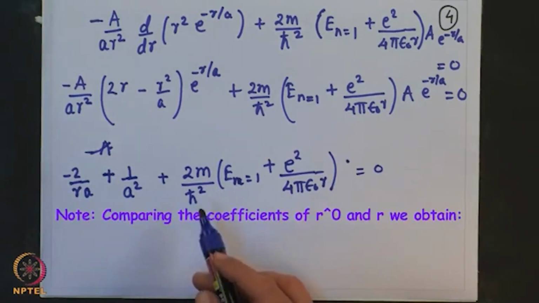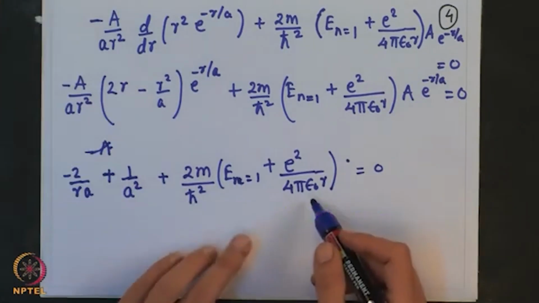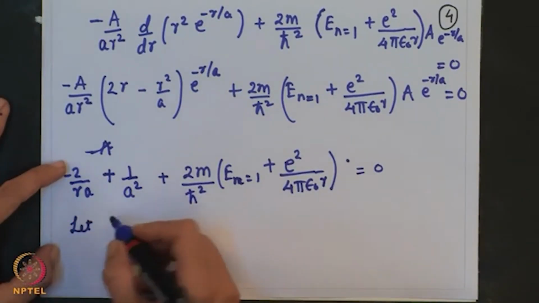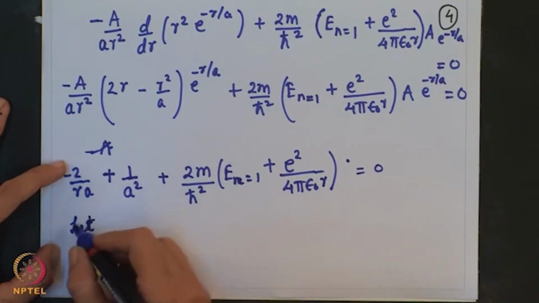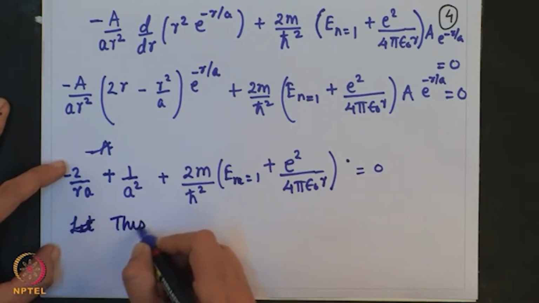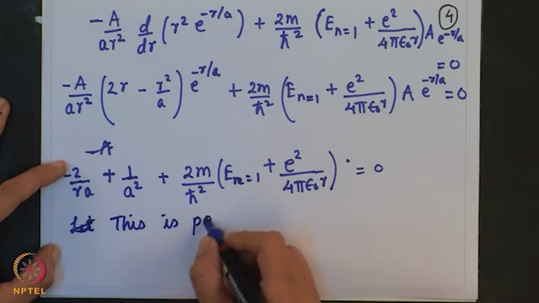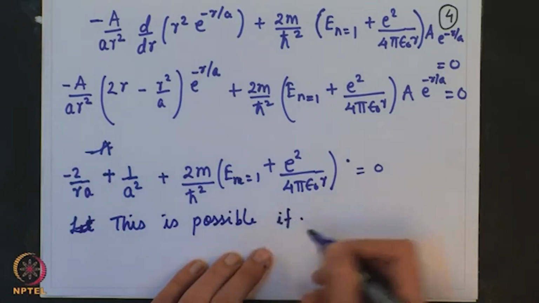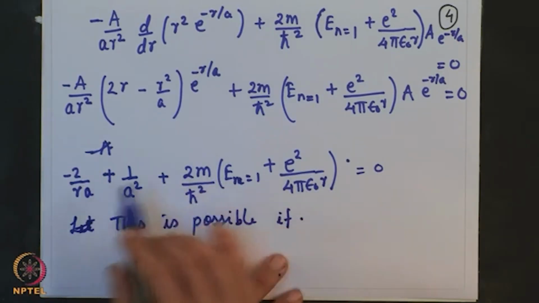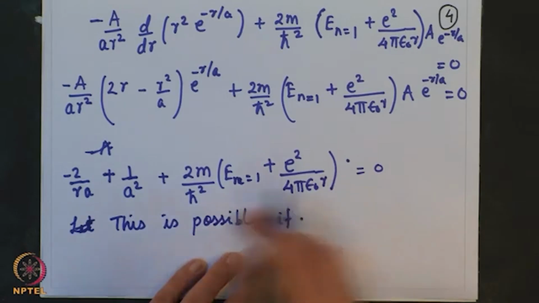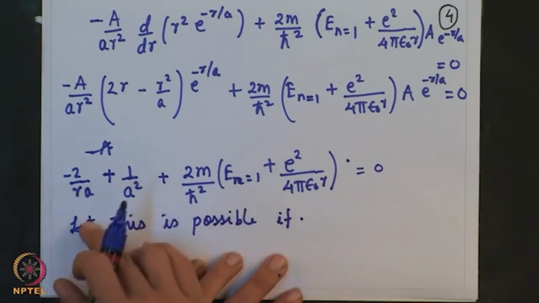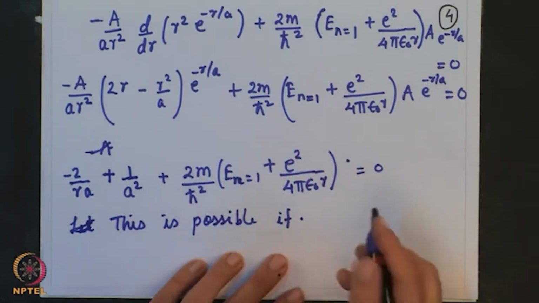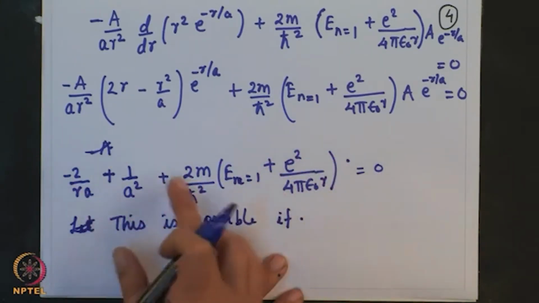So, here what we do is we will try to simplify this further. This is possible only if this term is going to 0, that is I can take h cross square upon 2m times this expression, this goes to 0, this expression times this part.